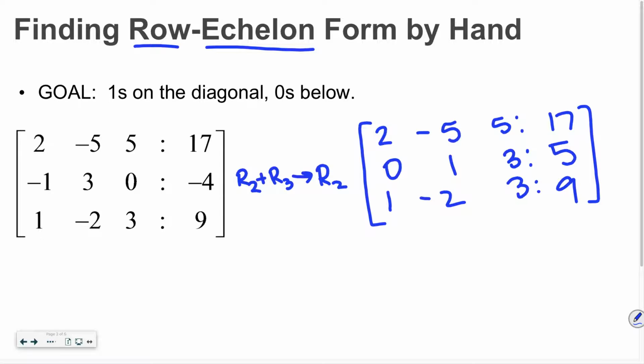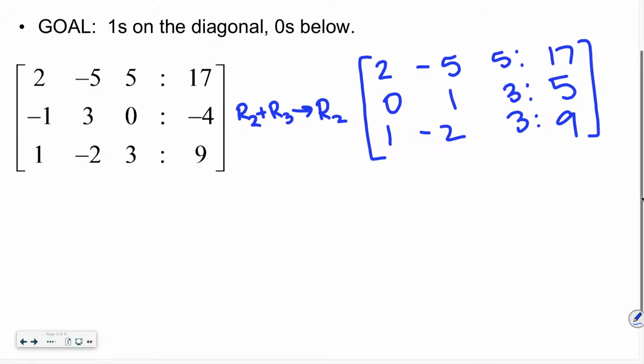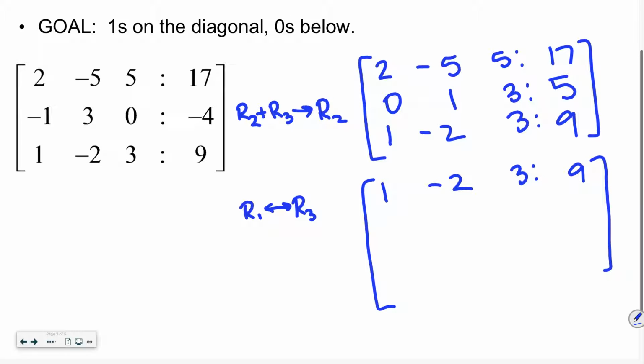I hear somebody whispering the word switch. Okay, row 3 begins with 1, right? Let's make it row 1, because we want row 1 to start with a 1. So, we can take row 1, switch it with row 3, and now we have 1, negative 2, 3, 9.